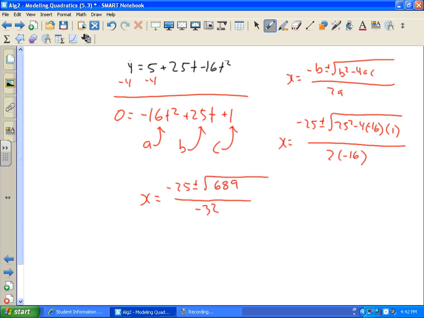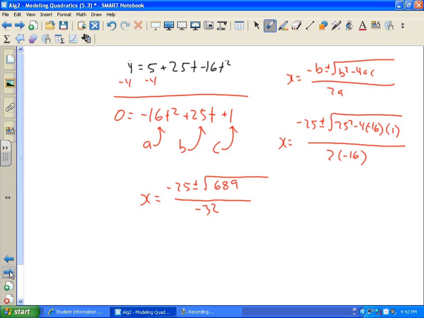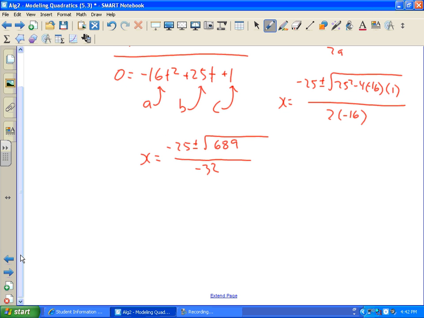To finish this problem up, we're talking about how long. Once again, we want to get a decimal estimate. I don't care about answers being in simplified radical form. I want an actual estimate about how long here. So you can just plug the square root of 689 into your calculator.